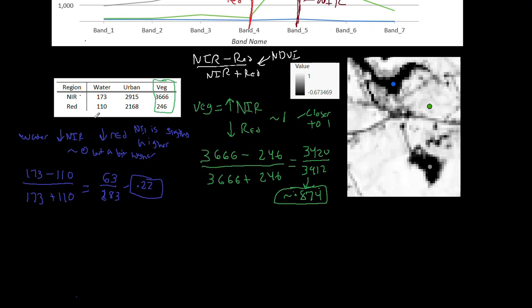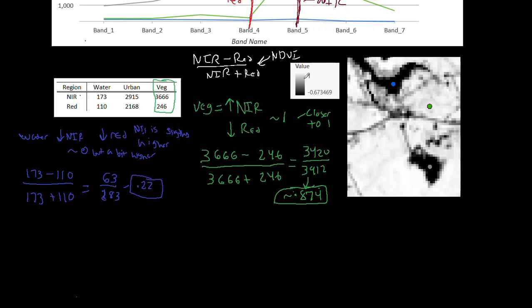Now I want us to scroll back up just a little bit and look at this clipped little piece of imagery. These are the actual NDVI values. Are we getting what we're expecting? This is the blue point. Negative 0.67 is the really dark, and the bright white is going to be a value of 1.